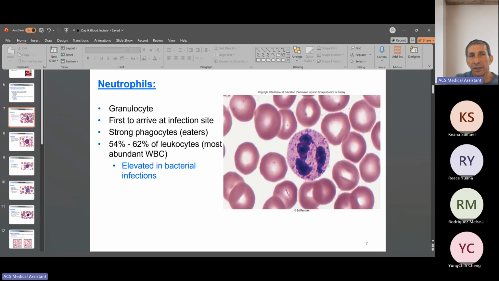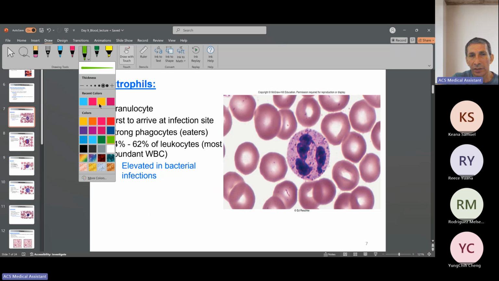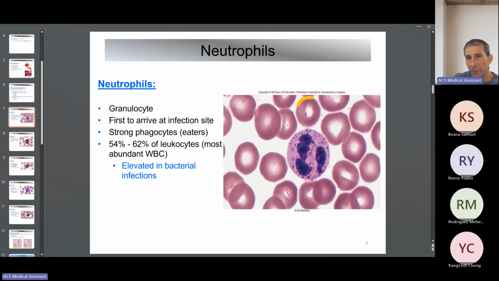Now, if you look at this picture, this is a real slide from real blood work done. All these round red structures are red blood cells. So we have tons of them. But here are the neutrophils. That's how they look.